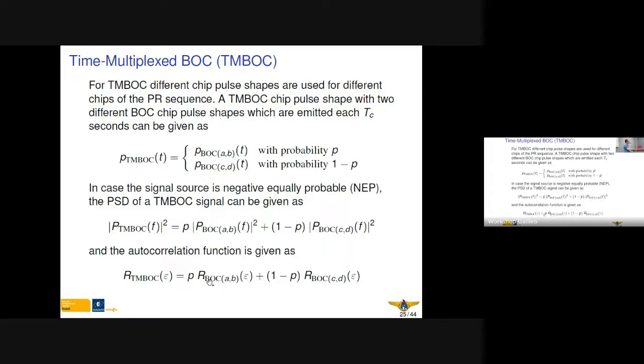And the autocorrelation functions are also directly weighted over these two chip shapes.